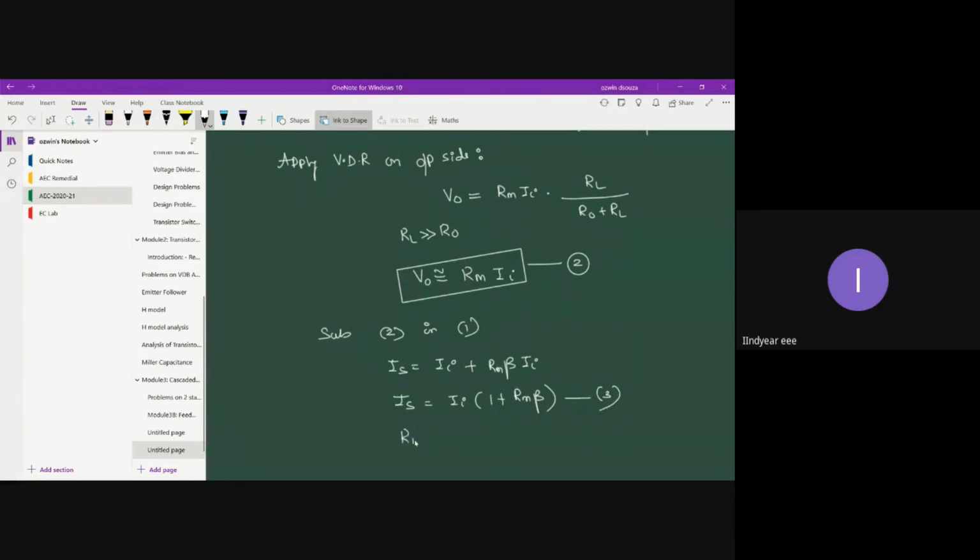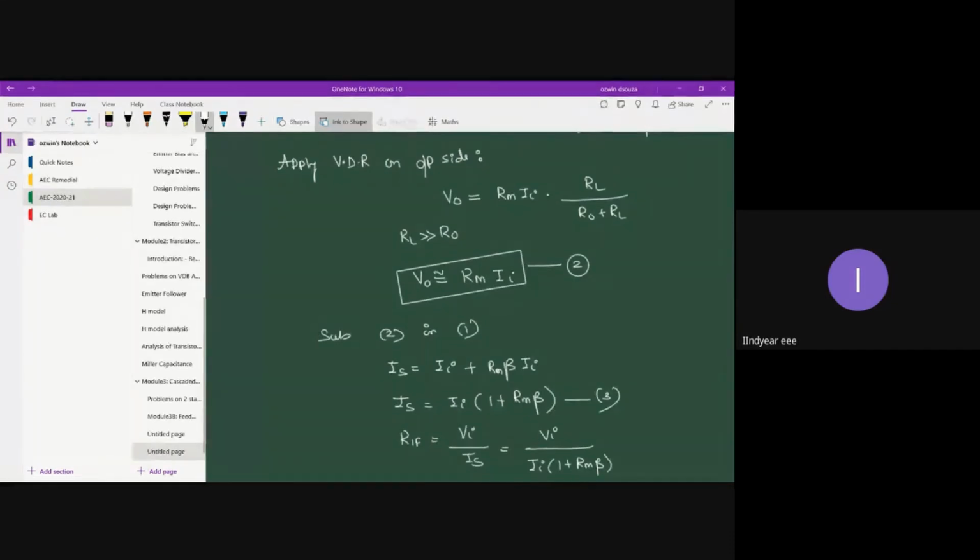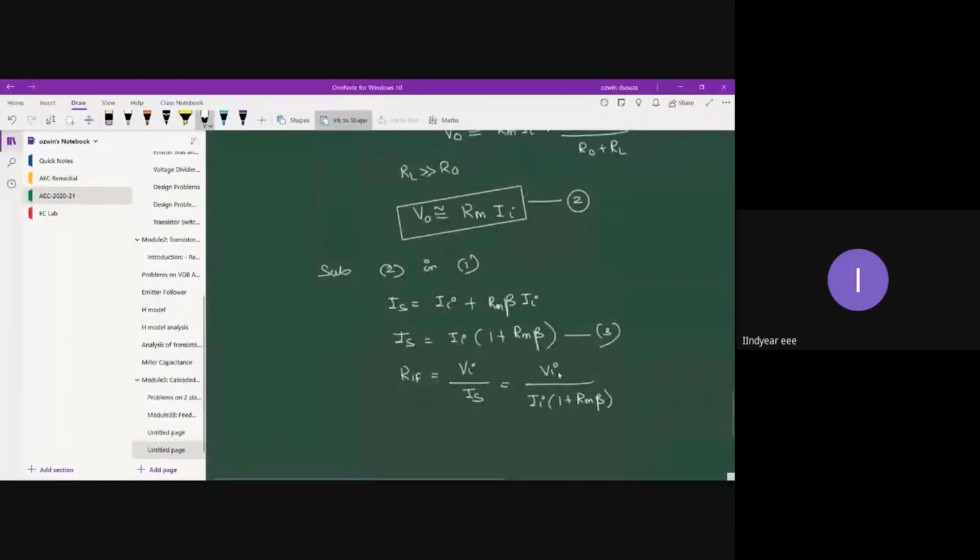We have input resistance with feedback as Vi by Is. So we can substitute. That is Vi divided by Is. Is is Ii times 1 plus Rm into beta. Okay, so we have the ratio Vi by Ii as Rm.